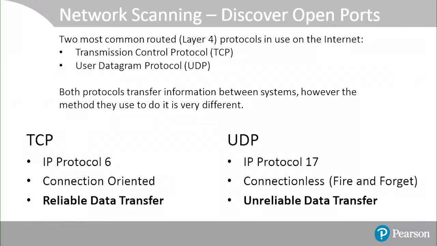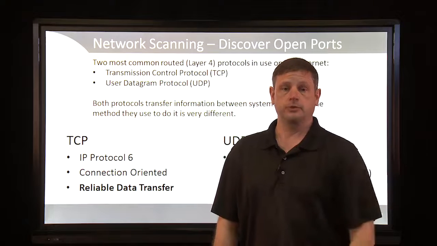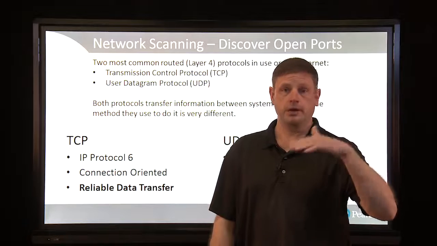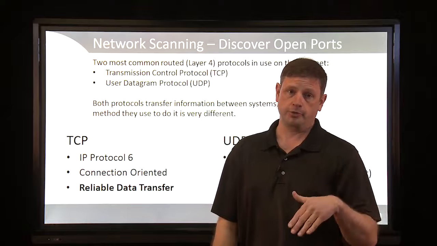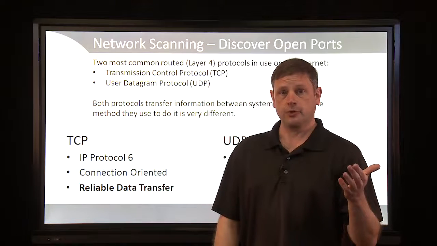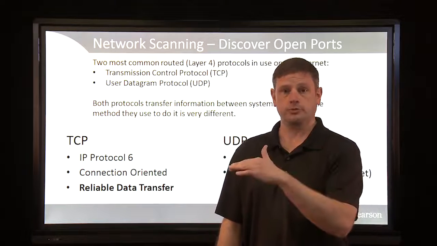So specifically, Transmission Control Protocol and User Datagram Protocol. TCP is IP protocol 6. If you recall from your studies about the OSI model, we have layers 1 through 7, and TCP and UDP operate at layer 4. Just below that, layer 3, is where packets happen. Layer 4 is the transport layer.